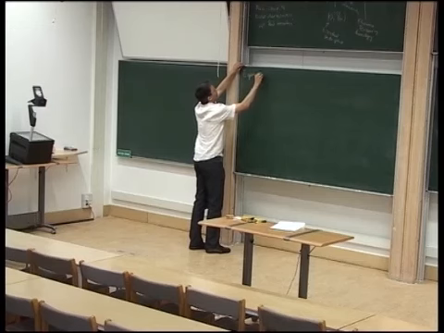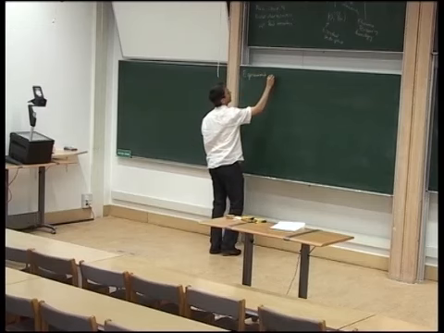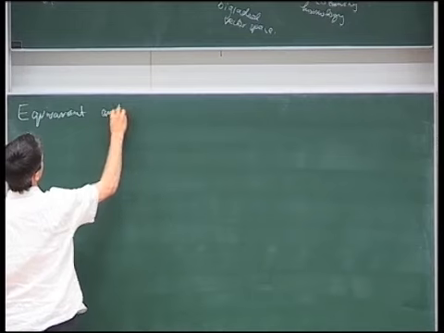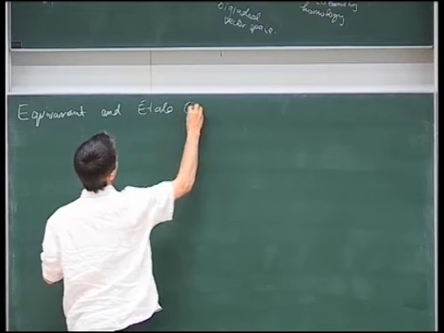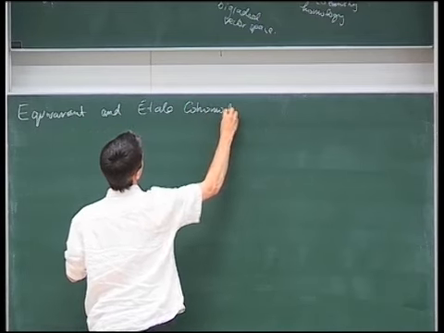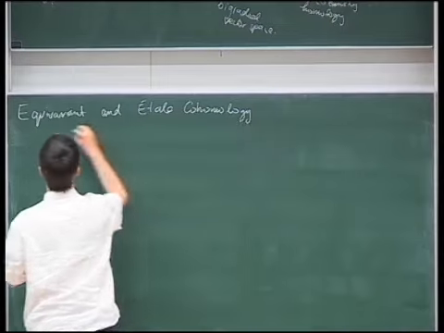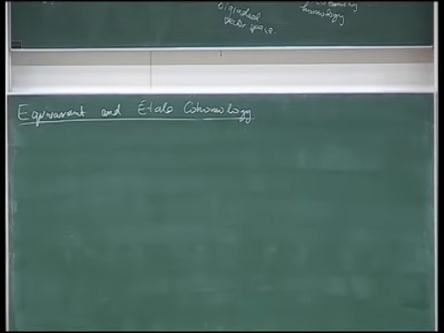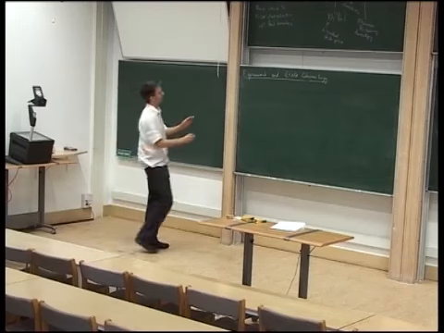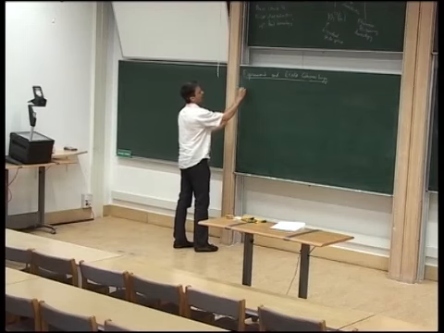So this will be some sort of black box equivariant and étale cohomology. I want to recall very quickly equivariant cohomology, if not étale cohomology.